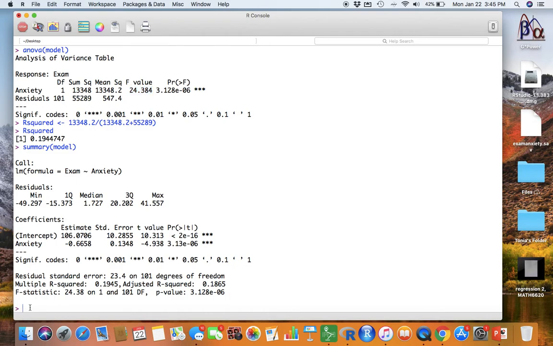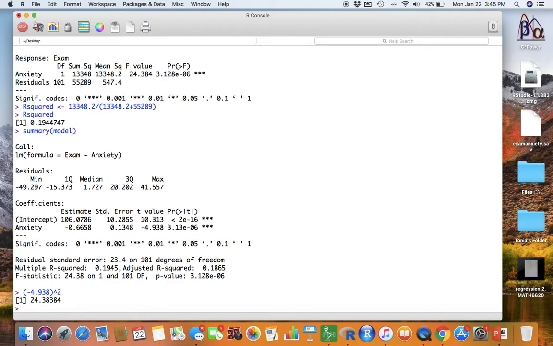So guys, if I take negative 4.938 and square that, I will always get my F value from my ANOVA, and that's the reason that it produces the same p-value.